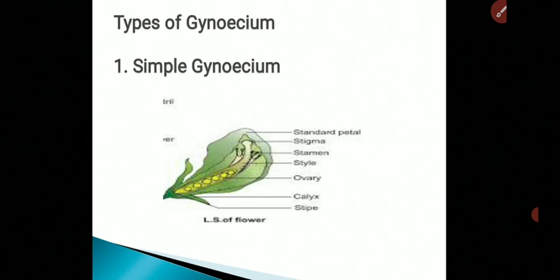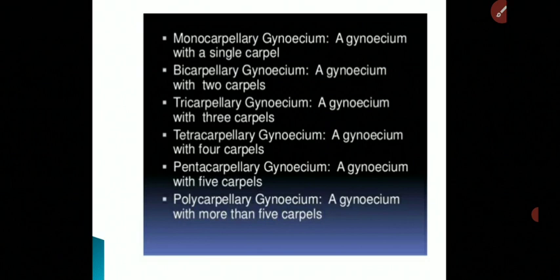Now, the gynoecium that consists of two or more carpels is known as compound or polycarpellary gynoecium. A compound gynoecium may be described as bicarpellary, tricarpellary, pentacarpellary, or polycarpellary. When a single carpel is there, it is called monocarpellary, or simple gynoecium.